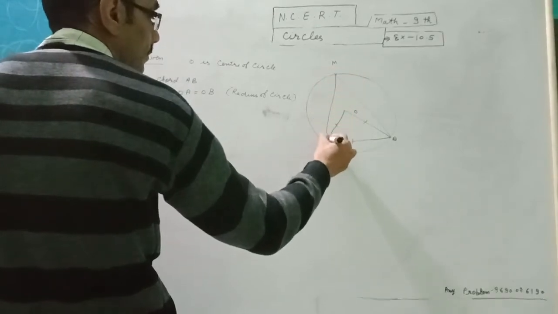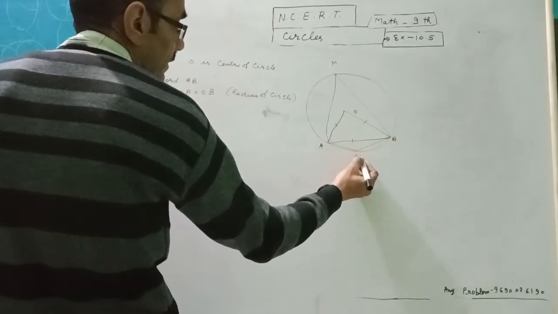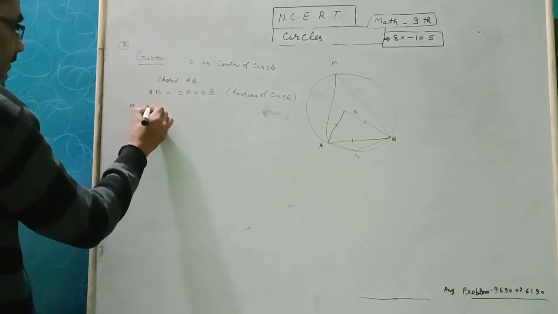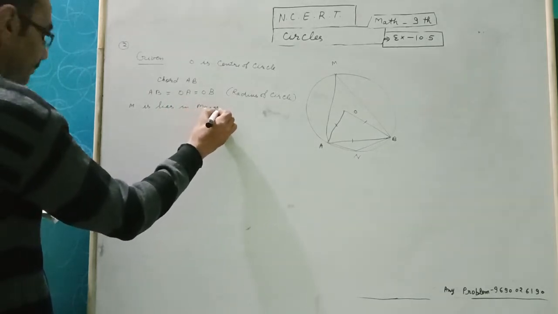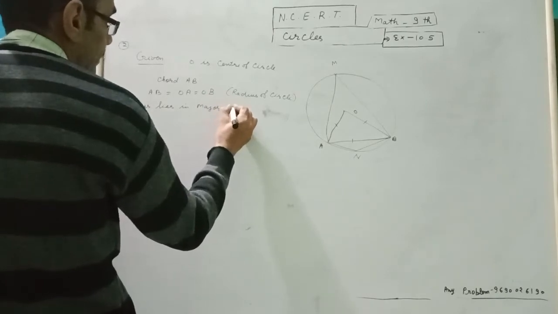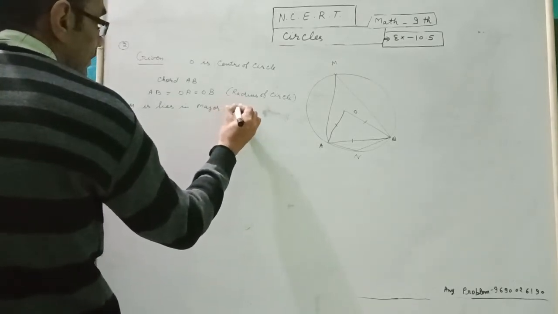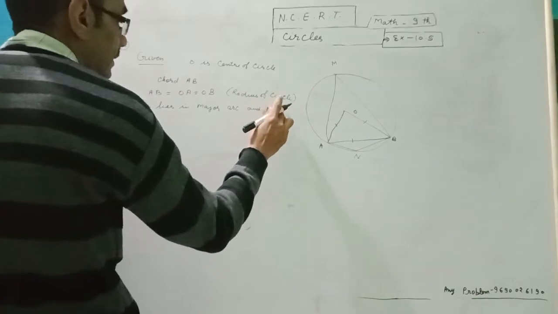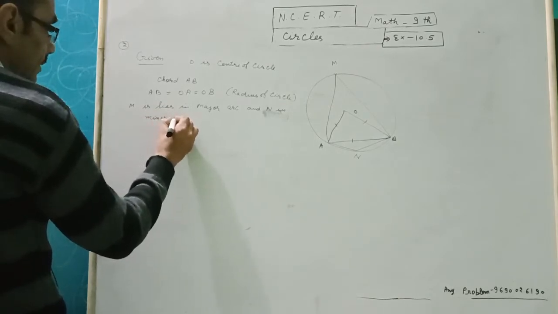M lies on the major segment. N lies on the major segment, the major arc, you can call it the major arc. And N is in the minor arc.